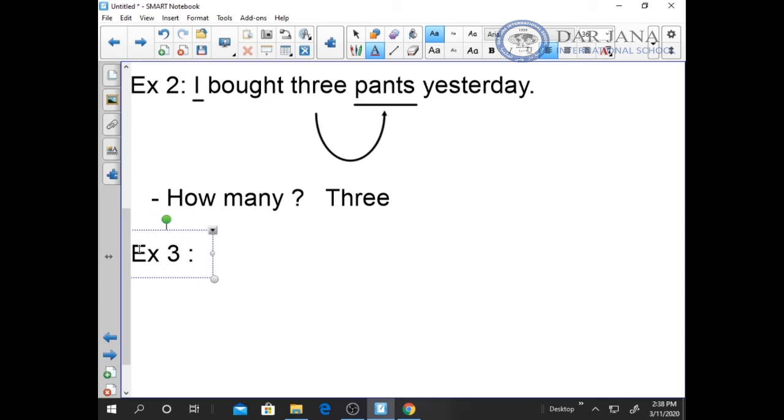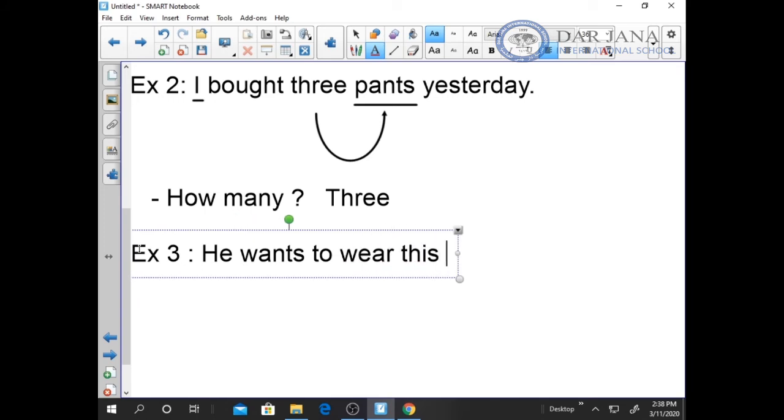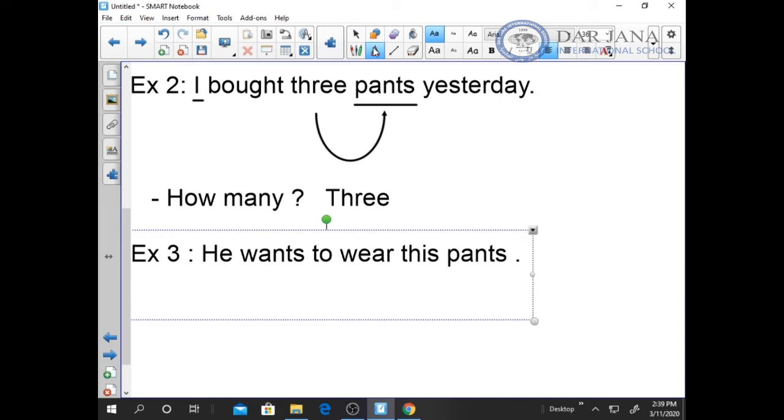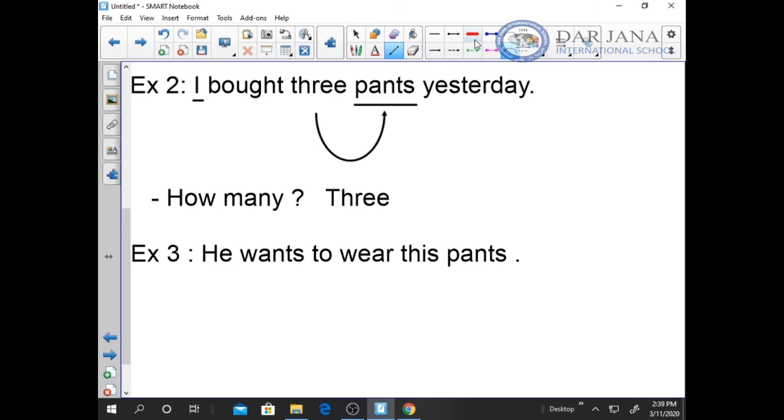Let's say I have the following sentence. He wants to wear this pants. As I did before, I do the same thing here. I have to underline the nouns and the pronouns I have in the sentence.